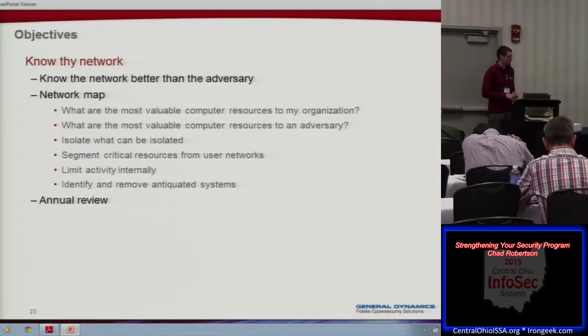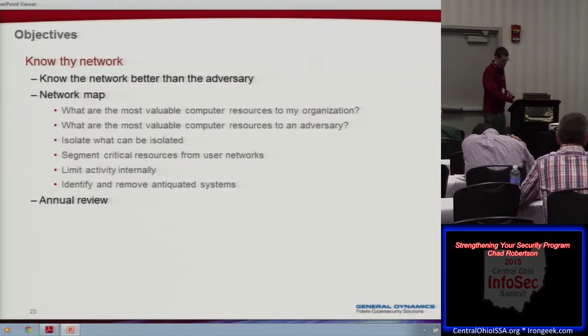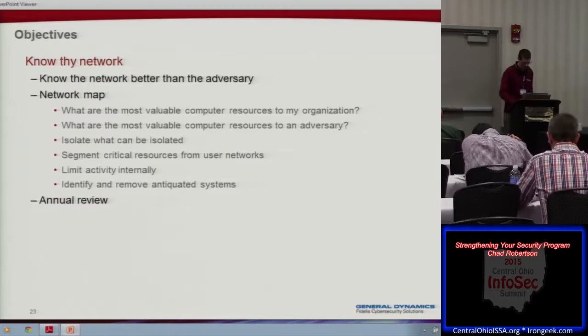Identify and remove antiquated systems, and shadow IT is a common way of describing that. Wikipedia calls shadow IT a term often used to describe IT systems and IT solutions built and used inside organizations without explicit organizational approval.